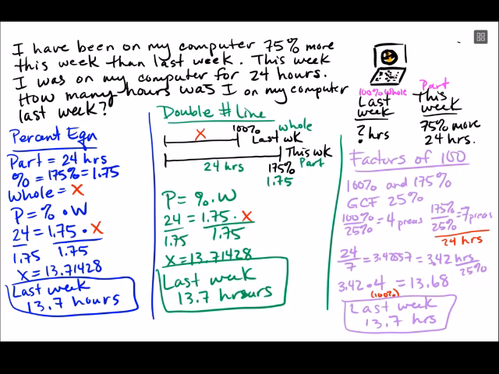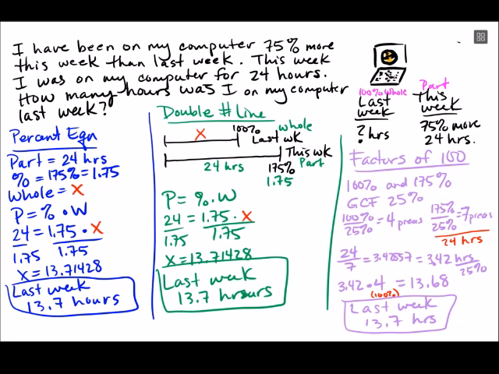So, as expected, we got the same answer on all 3 pieces, which is what should happen. We are just representing this problem 3 different ways. First, with the percent equation, which is just part equals percent times whole. With our double number line, which is a visual representation of the percent equation. So again, I use part equals percent times whole.